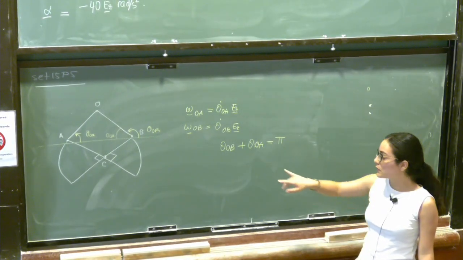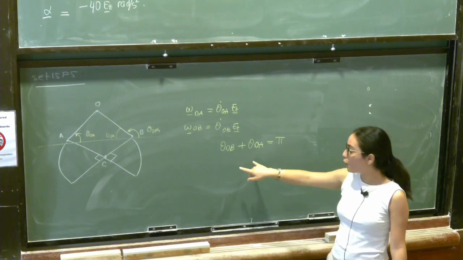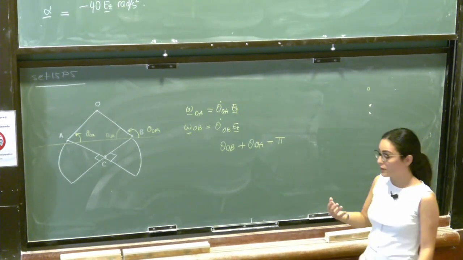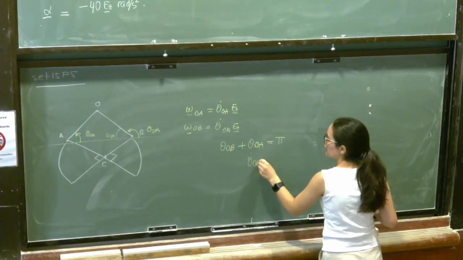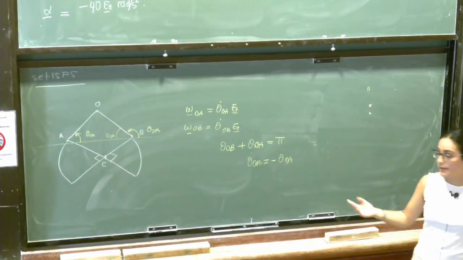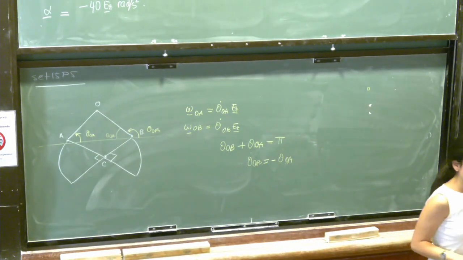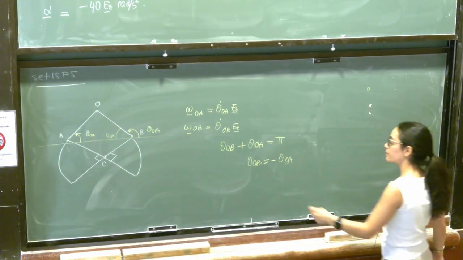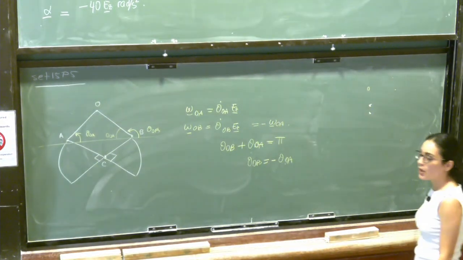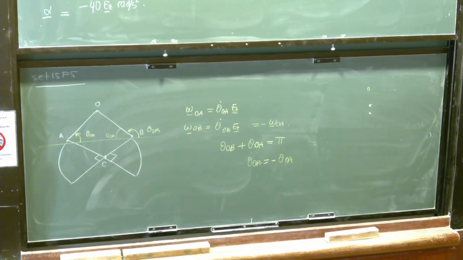So what is the relationship between theta dot OA and theta dot OB? They're opposite. Theta dot OB is equal to minus theta dot OA. How did I obtain this result? By taking the derivative of this equation. So because of the symmetries of this problem, the angular velocity, for example, of OA and OB are equal and opposite. Equal speed, opposite direction.